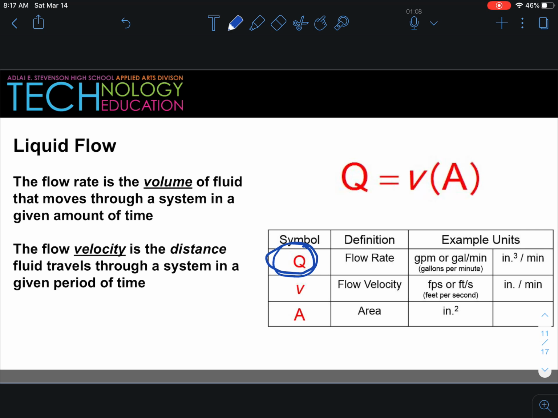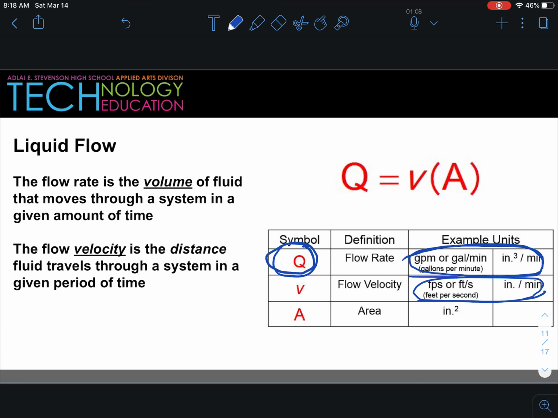One thing to note is that the flow rate can be measured in either gallons per minute or inches cubed per minute. Very different. And the same thing with flow velocity: we can have feet per second or inches per minute. So we have some different variables and we might need to do some conversions down the line.